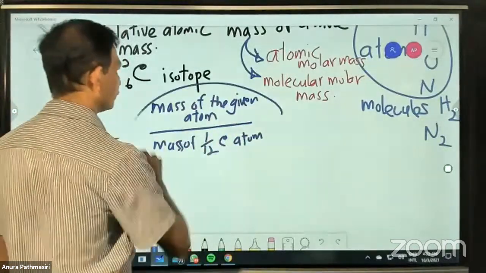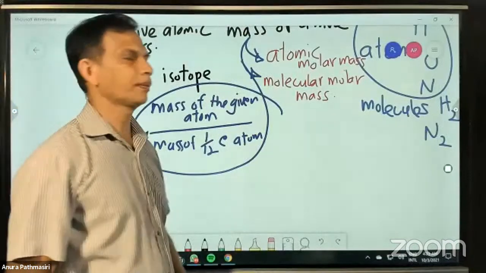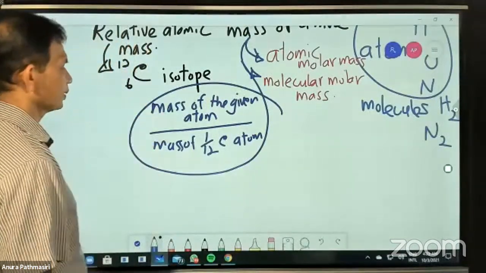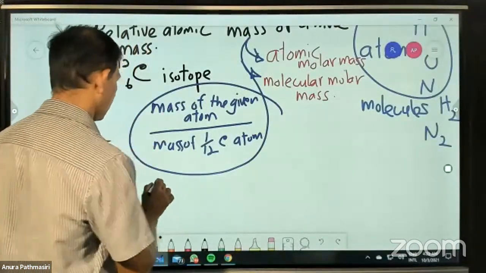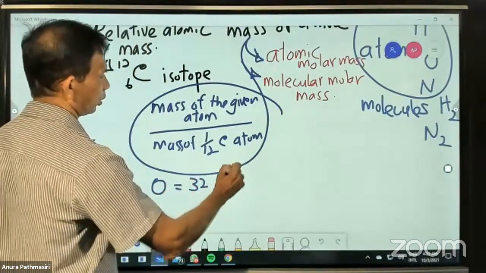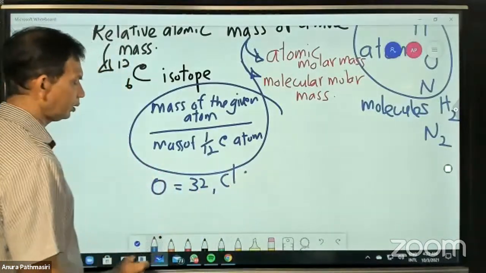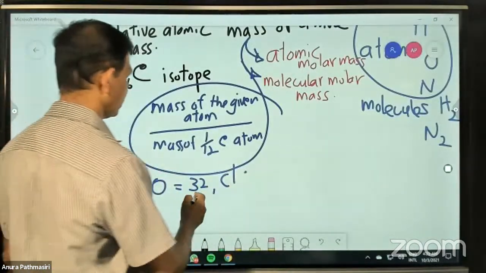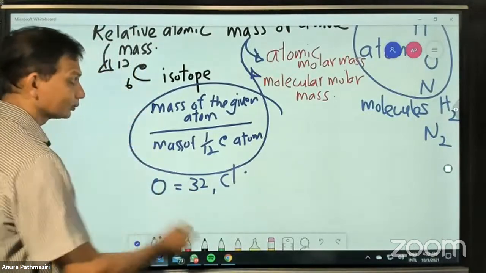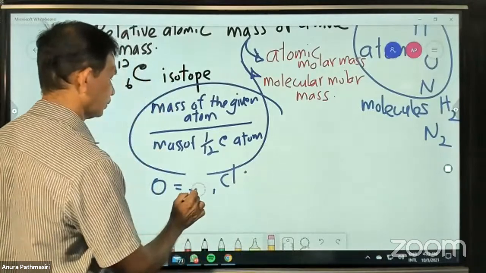And after the calculation, all these relative atomic masses are given, like oxygen 32, then? Is it 32 or 16? Oxygen 16.